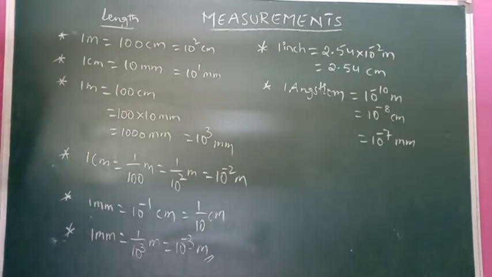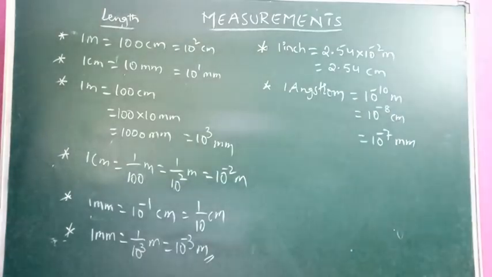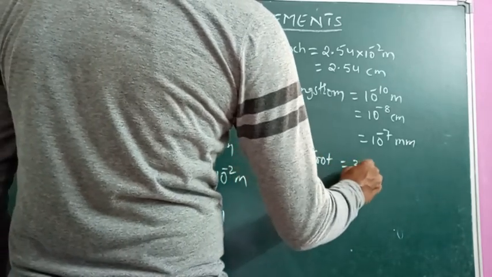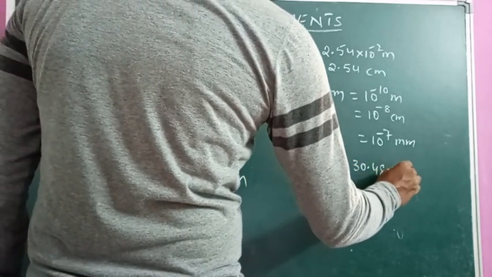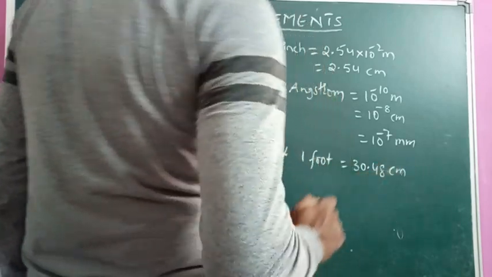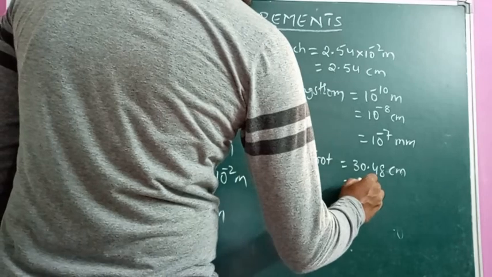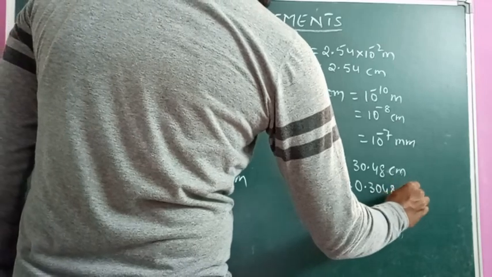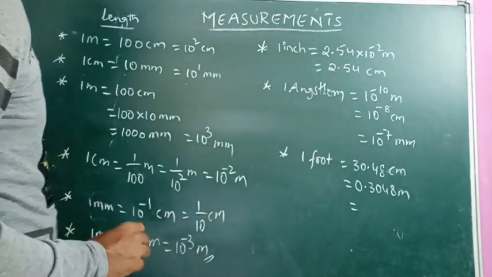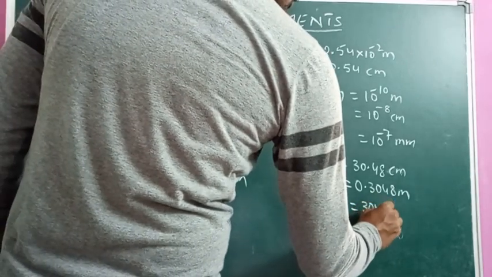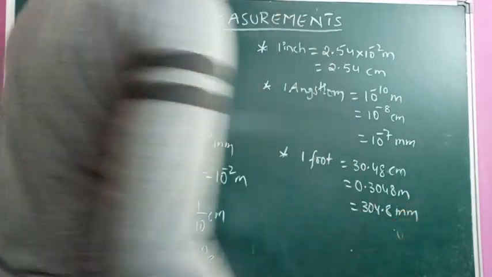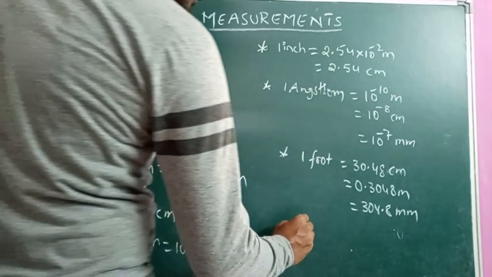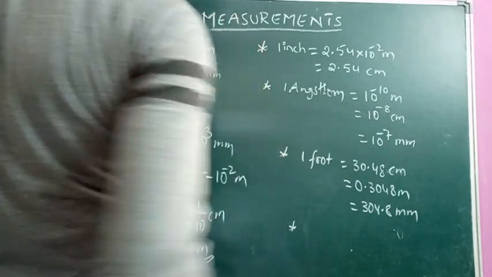Right. 1 foot is equal to 30.48 centimeters. If you write this value in meters, that is 0.3048 meters. In millimeters, that is 304.8 millimeters. And 1 light year is equal to 1... okay, I will say that value later.